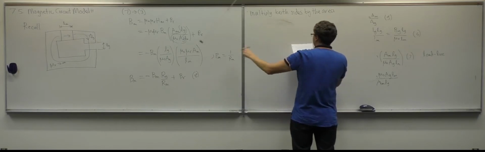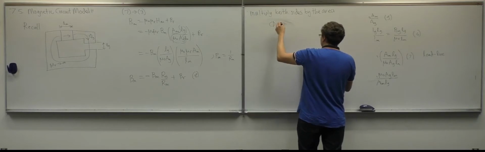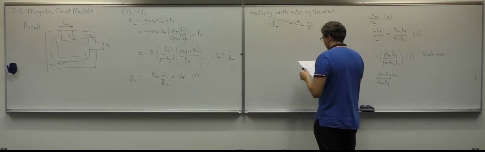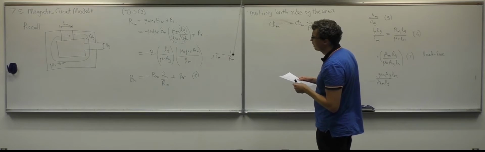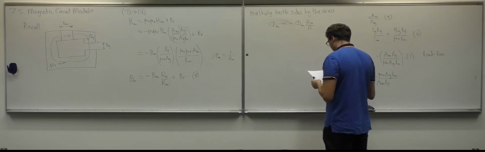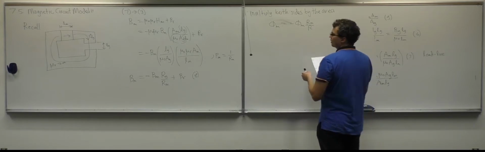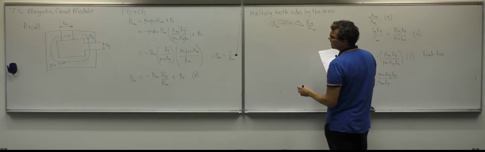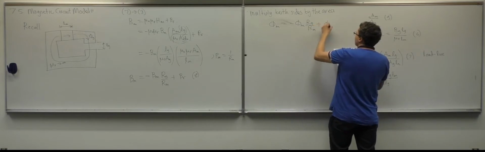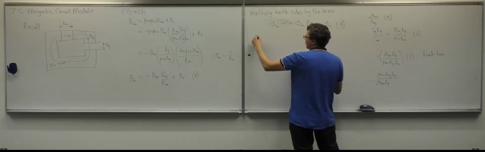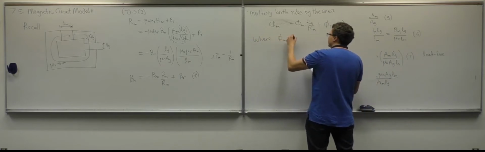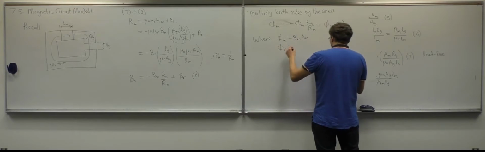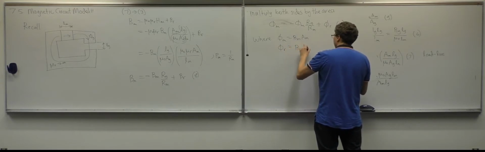So we multiply both sides by the area, we'll get flux m is equal to minus flux m Rg over Rm, whoops, this should be the other way, Rm over Rg, yeah, plus flux R, where flux m is equal to Bm times Am, and flux R is Br times Am.